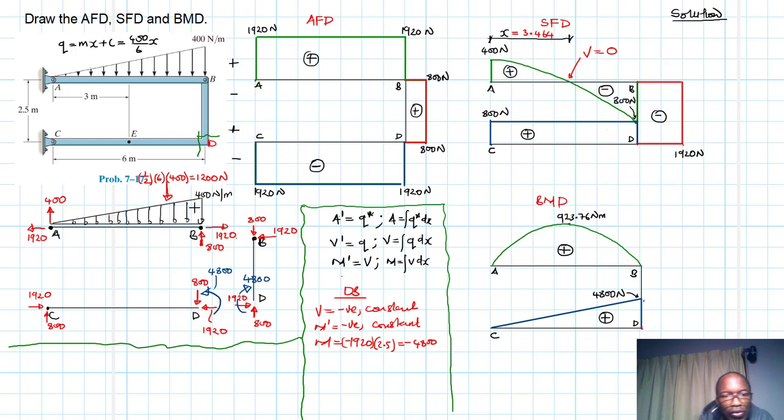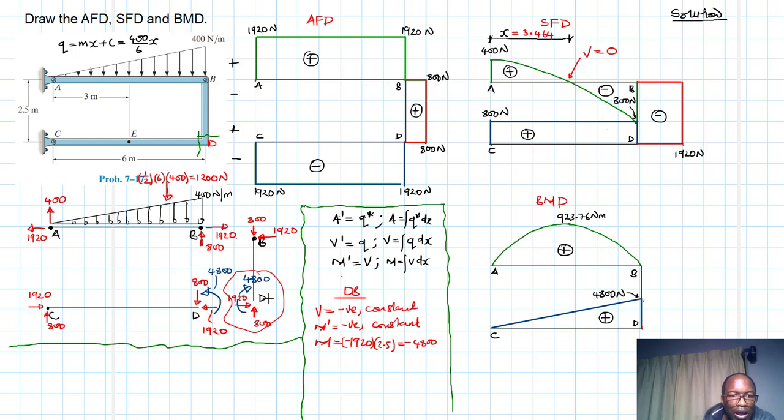So our initial value at this point at D, we do have an initial value. If you've seen the direction that is here, look at this direction here. We have a clockwise, which is negative, but we get the opposite, right? Because the internal moment will be opposite to counter that moment.